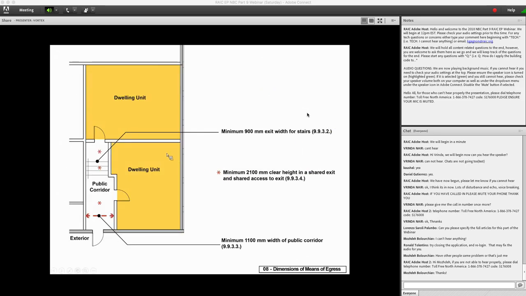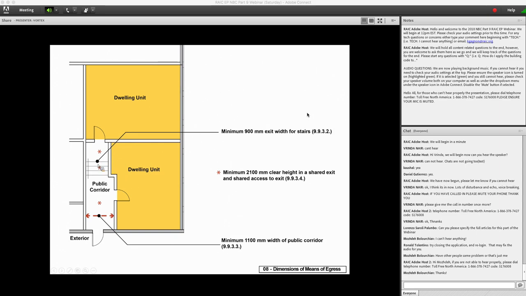So just an illustration over here. This is, for instance, a floor area containing multiple dwelling units where you have a public corridor providing the access to exit from these dwelling units.